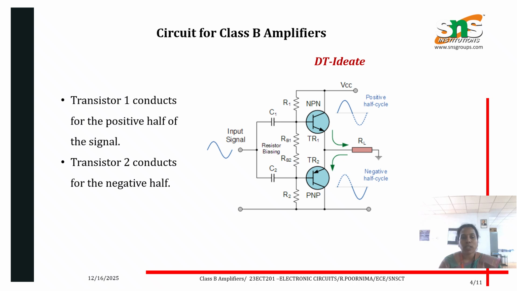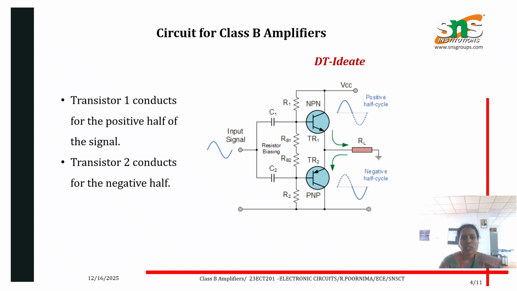Circuit diagram for Class B amplifiers. It consists of two transistors, one NPN and another PNP. This configuration may also have similar transistors, like 2 NPN or 2 PNP, in push-pull configuration. If it consists of NPN and PNP in this circuit, it is a complementary symmetry push-pull configuration.